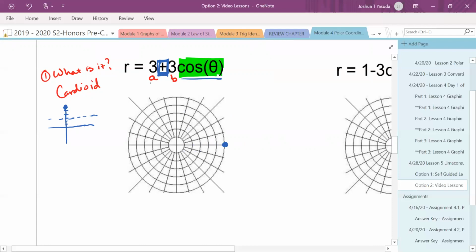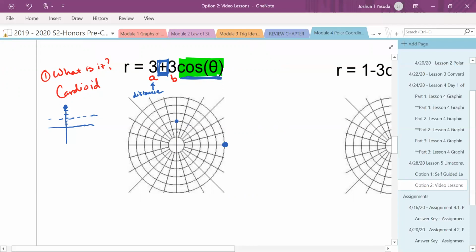The next thing is that A is always the distance in the opposite direction. If it's cosine, it goes out the furthest towards 0 or pi, which means A is how high you go up, 1, 2, 3. Because at pi over 2, what's the cosine of pi over 2? 0.